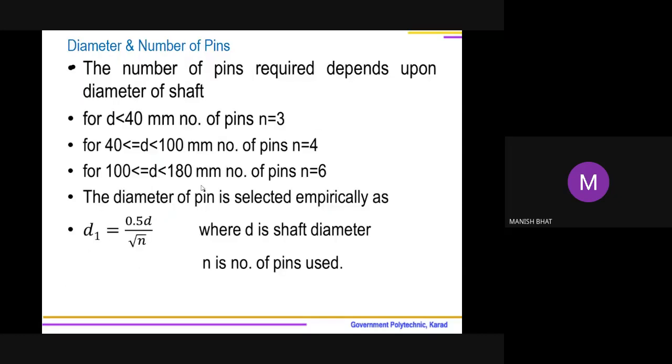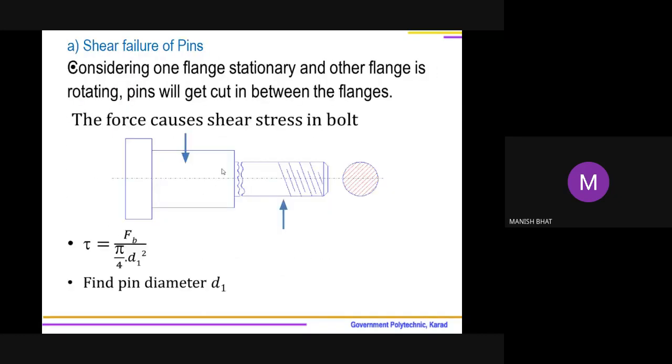So you can see here the failure. Here probably the pin will be cut, the pin will be sheared off, right? This is the side view by means of which we are in a position to select the area which is going to resist shear.